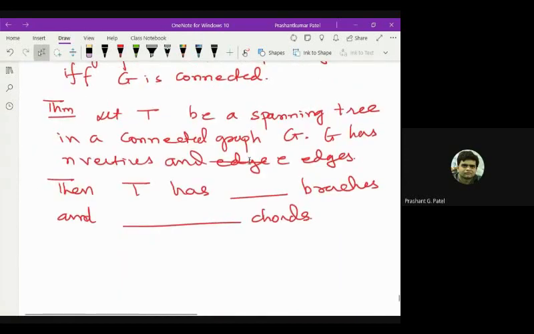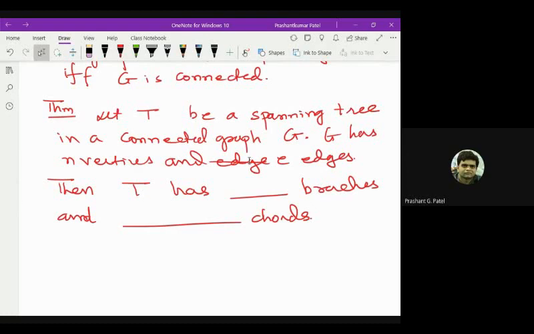If T is a spanning tree of a graph G, and it has n vertices and E number of edges, then how many branches are there? In other words, how many edges are there?